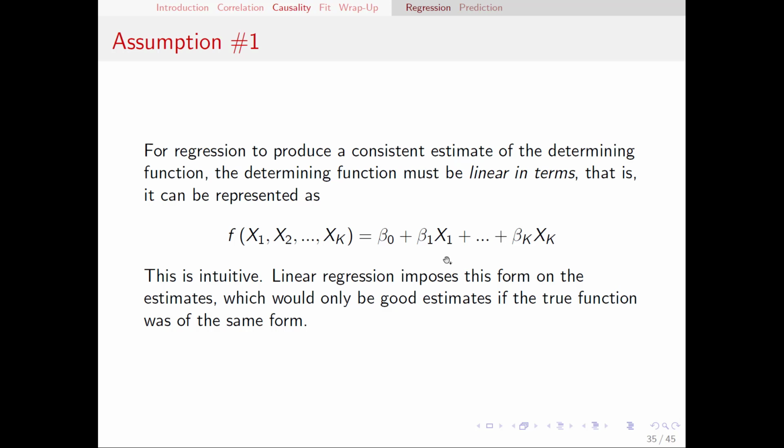When we run a regression, we are imposing this type of relationship on the variable, so in order to actually estimate the DGP, it had better look like that. This is kind of a philosophical point because we never actually see the DGP, but this assumption is there in the background. If our DGP looked nothing like this, running a regression would estimate something, but it certainly wouldn't be what's going on in reality.